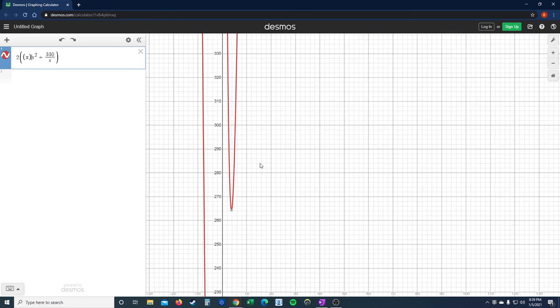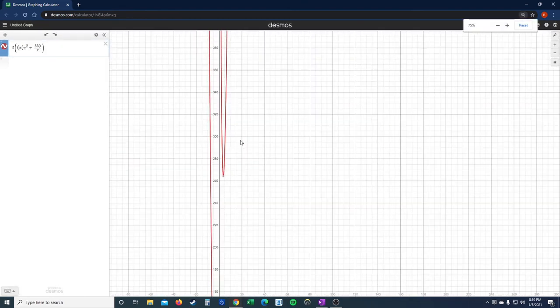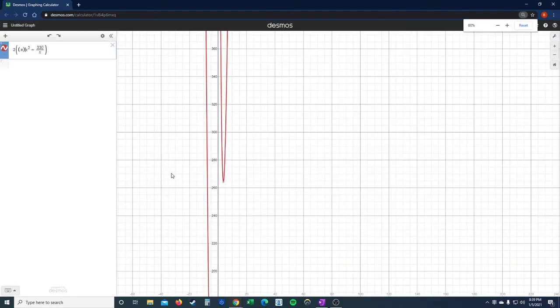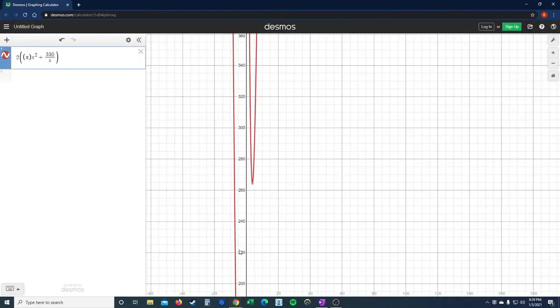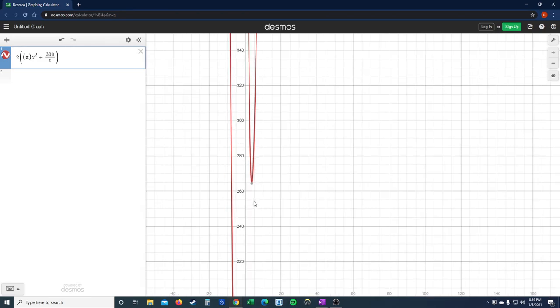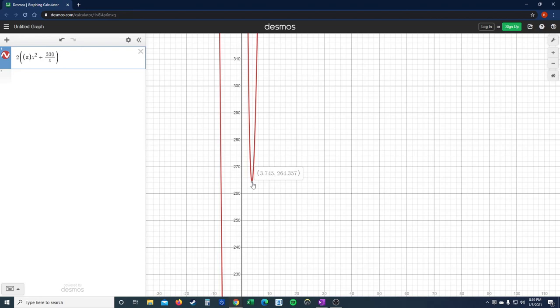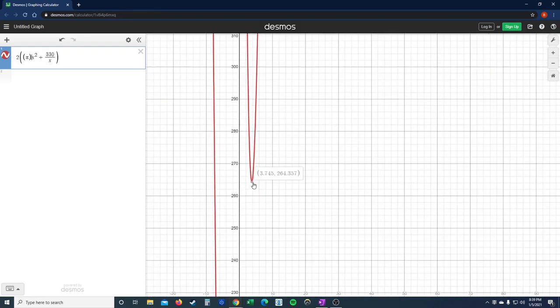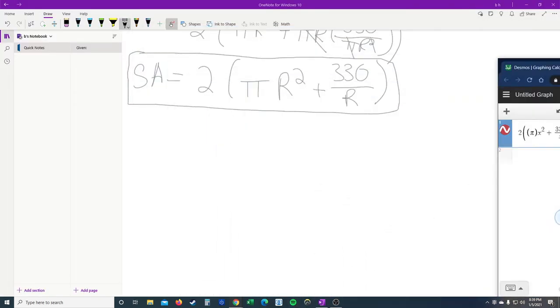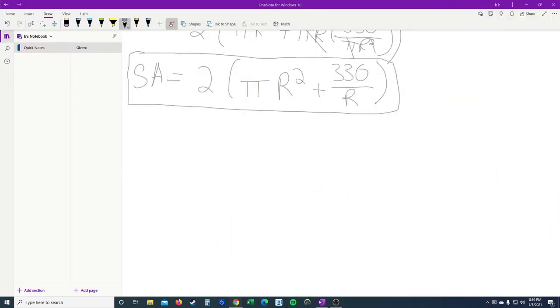And if you were to look at the graph, you would see it extends from negative infinity to infinity. But here on the x-axis, we have the lowest point, which is here. The lowest point, depending on how we look at that, the value of x is 3.745.